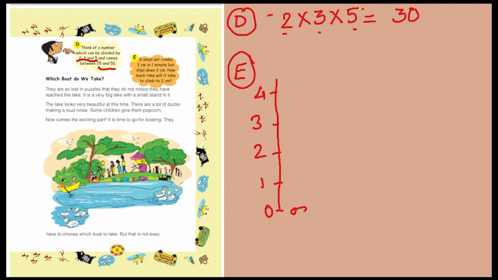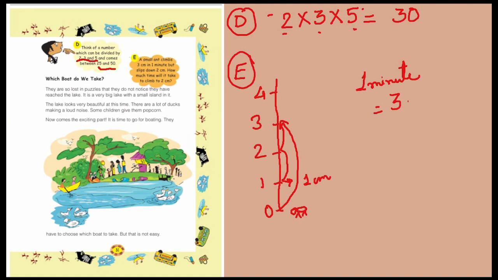And there is an ant. So in the first minute, it climbs to 3 centimeter, but then slips 2 centimeter. 1, 2. That means it reaches 1 centimeter.